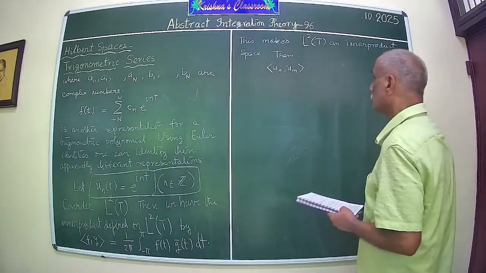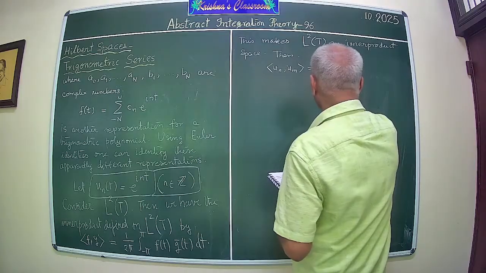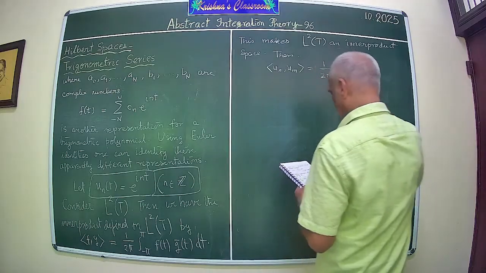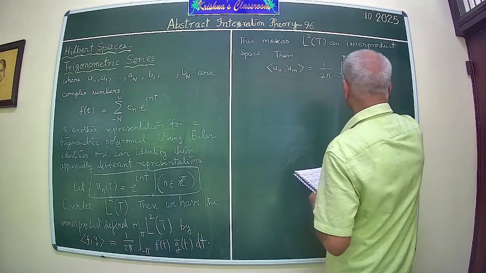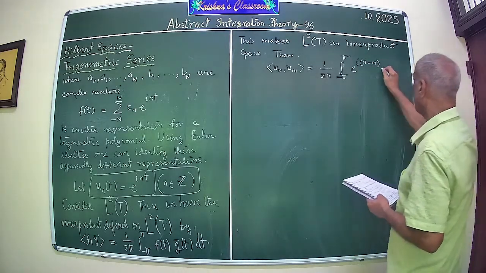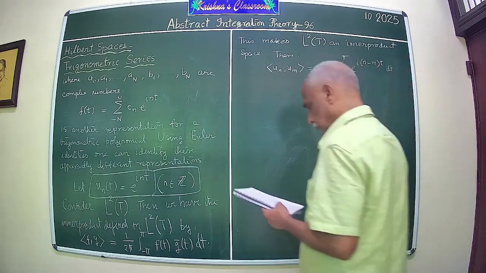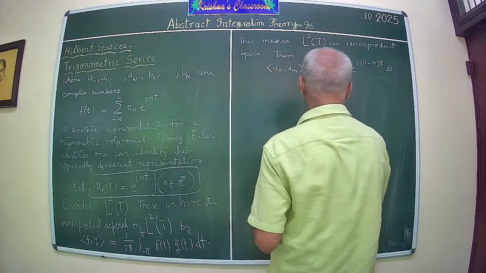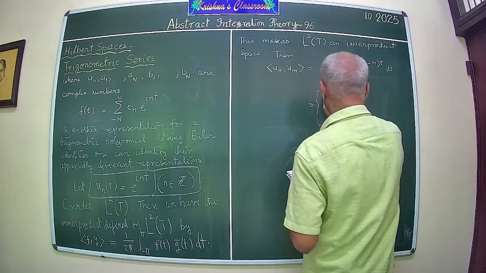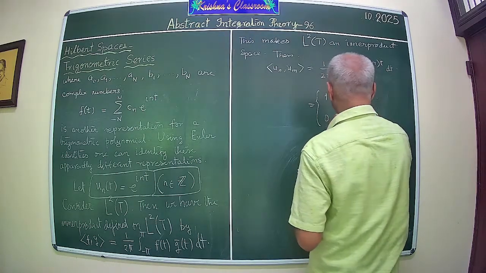Then the inner product of UN with UM is equal to 1 upon 2 pi times the integral of e to the power i times n minus m t, and this turns out to be 1 when n equals m and zero whenever n is different from m.